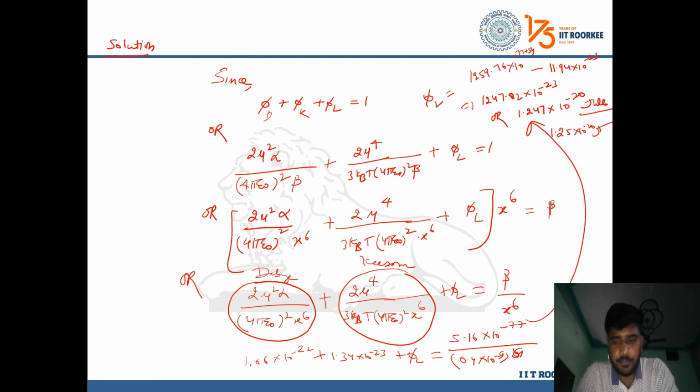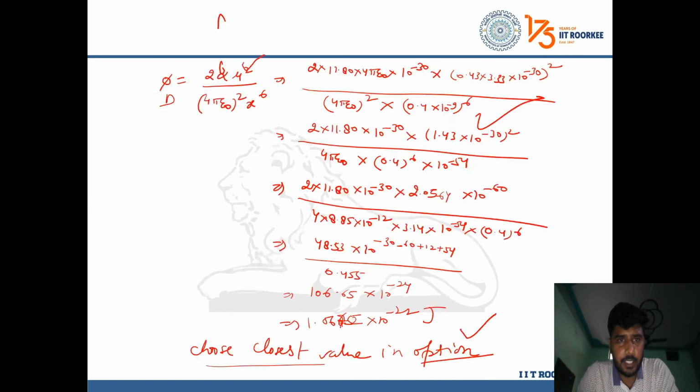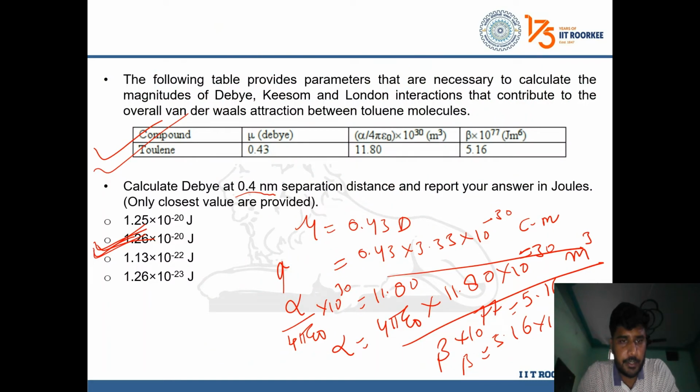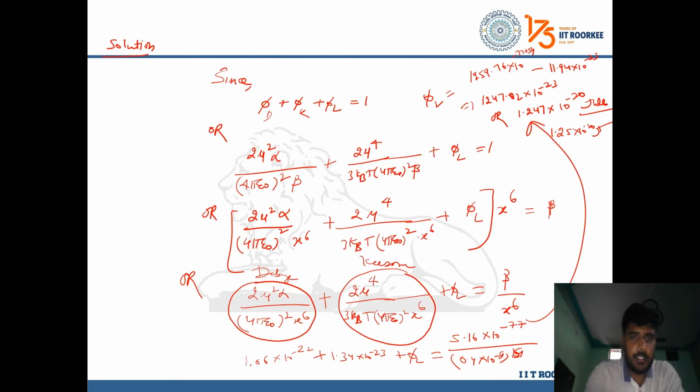And for London dispersion at 0.4 nanometer separation distance, all three terms you have to calculate at 0.4 nanometer separation distance. You can easily use this expression, phi D plus phi K plus phi L. You already have two of these values, but here you have to put in the separation distance and the beta value, and you will get the value of London dispersion.